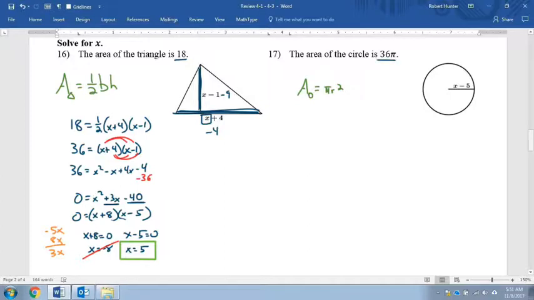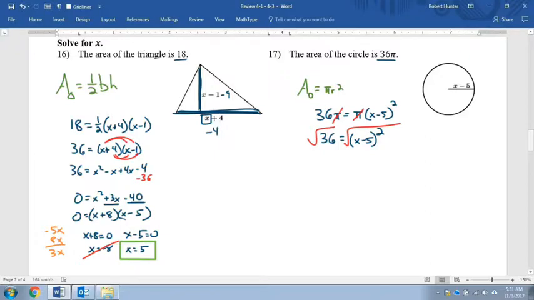The area is 36 pi, so 36 pi equals pi times your radius, which is not just the x, it is x minus 5, squared. So let's cancel the pi's, because if I divide by pi, those go away. And if you want, you can multiply out x minus 5 and move over the 36, but it would be easier to just square root it.